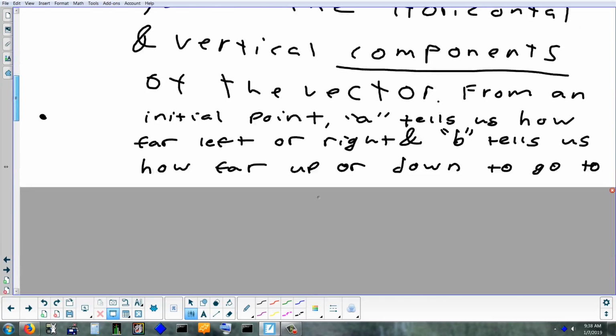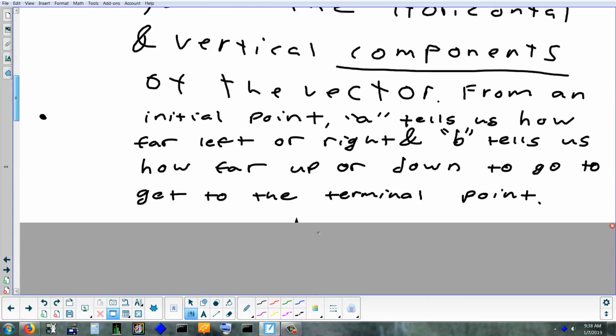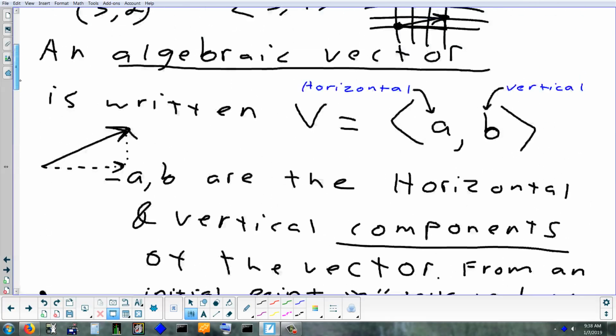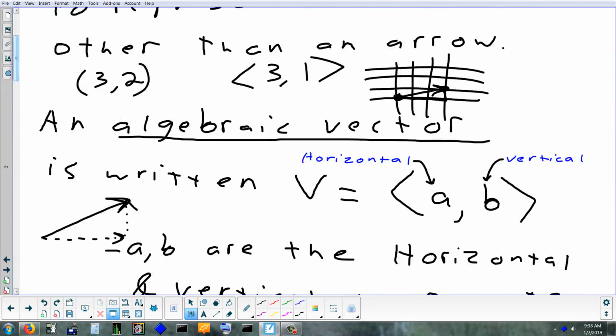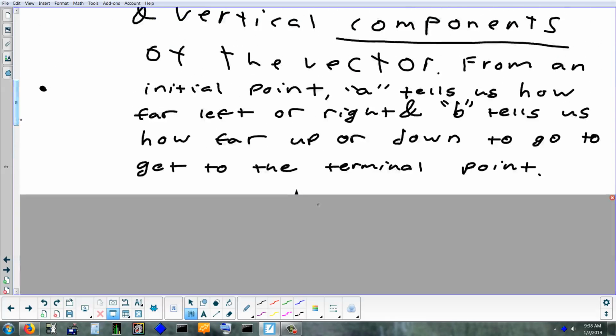B tells you how far up and down to go, to get to the ending point. So in my example, B was 1. I went 3 right, and I went 1 up. If B is positive, you go up. If B is negative, you go down.